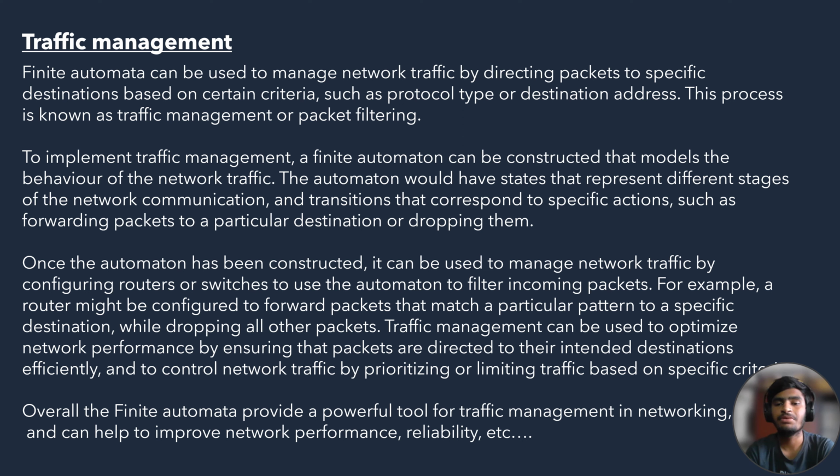Traffic management can be used to optimize network performance by ensuring that packets are directed to their intended destinations efficiently. Overall, finite automata provide a powerful tool for traffic management in networking. This can avoid collisions while transferring packets in the same timeline from different sources.